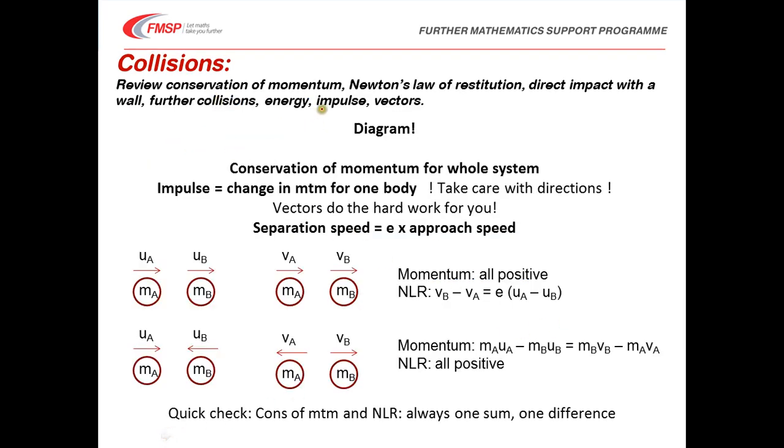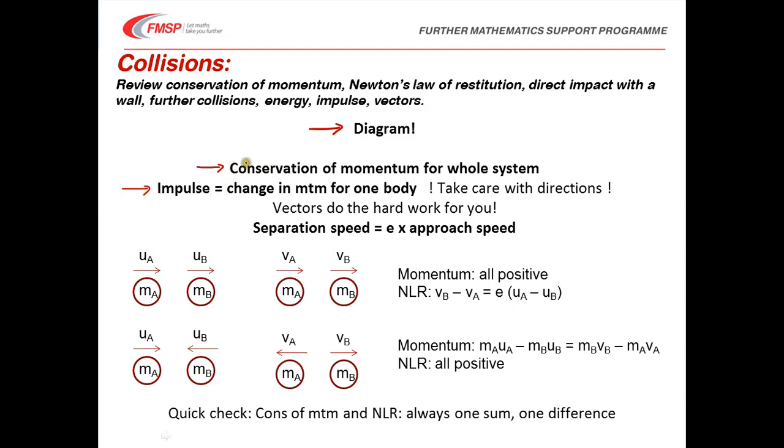Okay, so ideas. A diagram is crucial in these ones, putting all the information onto the diagram, and particularly taking care with directions. You need to have the idea of conservation of momentum for the whole system during a collision, and the idea that impulse changes momentum for a single body.